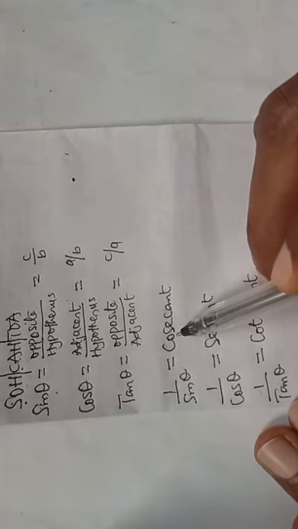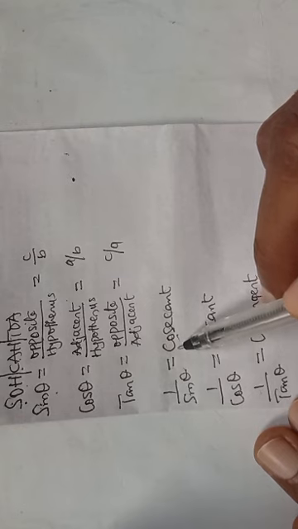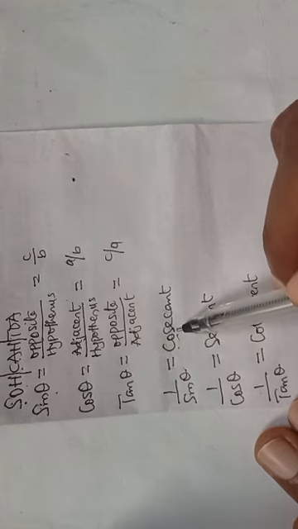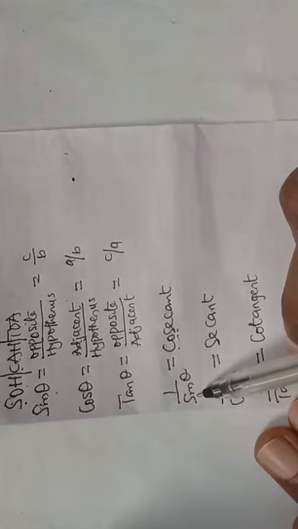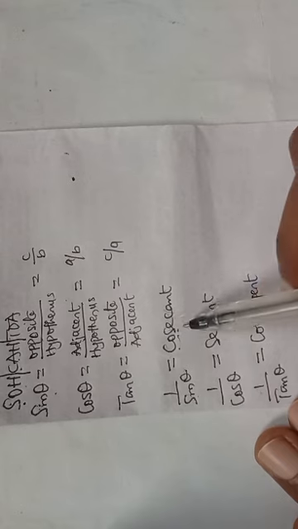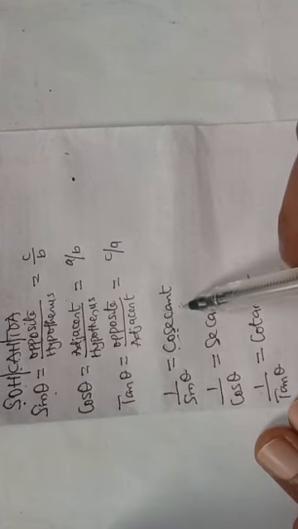Now, if you take the first two letters away, what you have next is S, and sine starts with S. So this represents 1 over sine theta, which is cosecant.